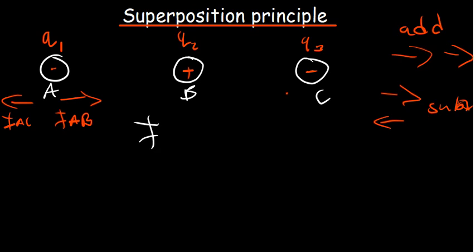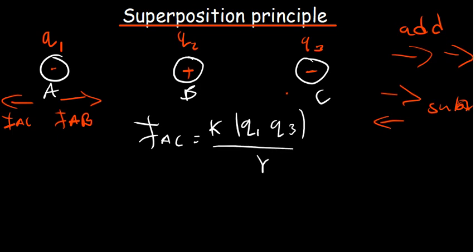So if these two vectors are in opposite directions, you have F of AC. You can calculate that using this formula. Now you are going to have the distance there. We can call that one R1, and another distance there you can call R2.